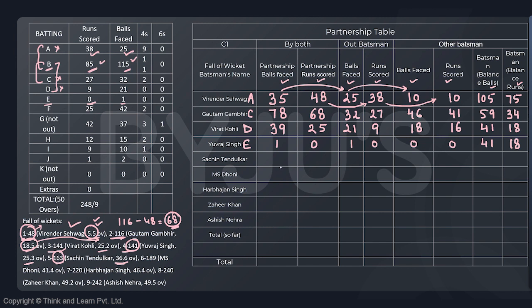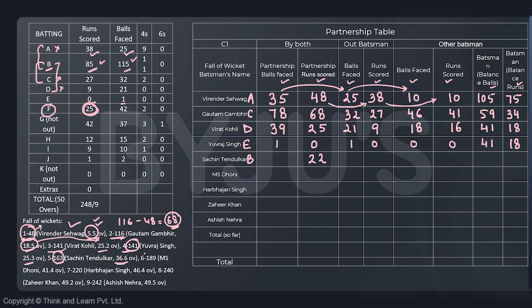In the next partnership, 22 runs were scored, whereas the next player has made 25 runs. So that means the next player to get out was B. B must be the next player who got out because the partnership lasted for 22 runs only, whereas F has scored 25 runs. So the next player to get out is Sachin Tendulkar for sure. So Sachin Tendulkar must be B now.